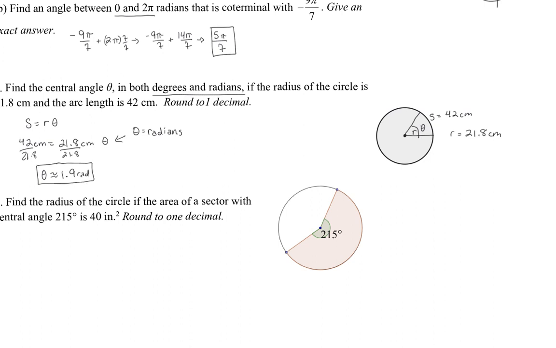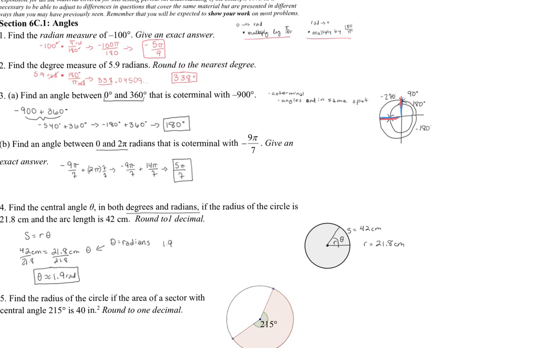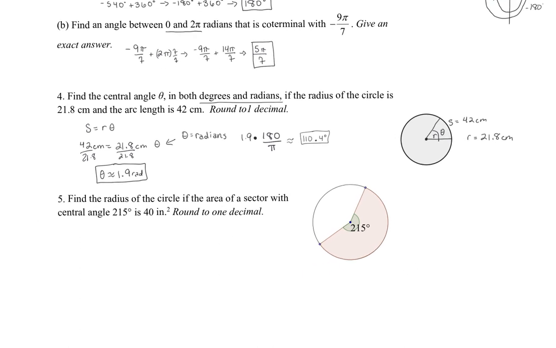Awesome. So now if we want to change it to degrees, if we remember from up here, if we go from radians to degrees, we're going to multiply by 180 over pi, which gives us about 110.4 degrees. So our angle wasn't drawn to scale, but we knew the picture was roughly that.